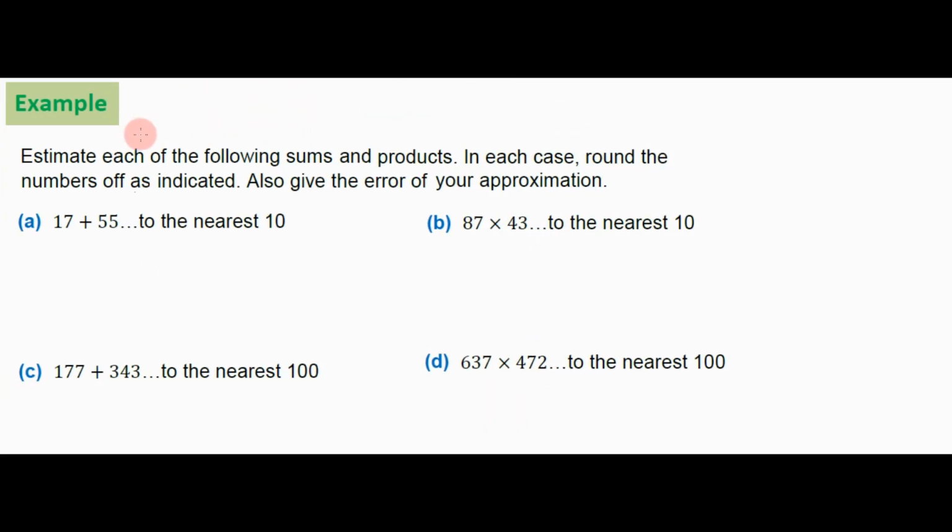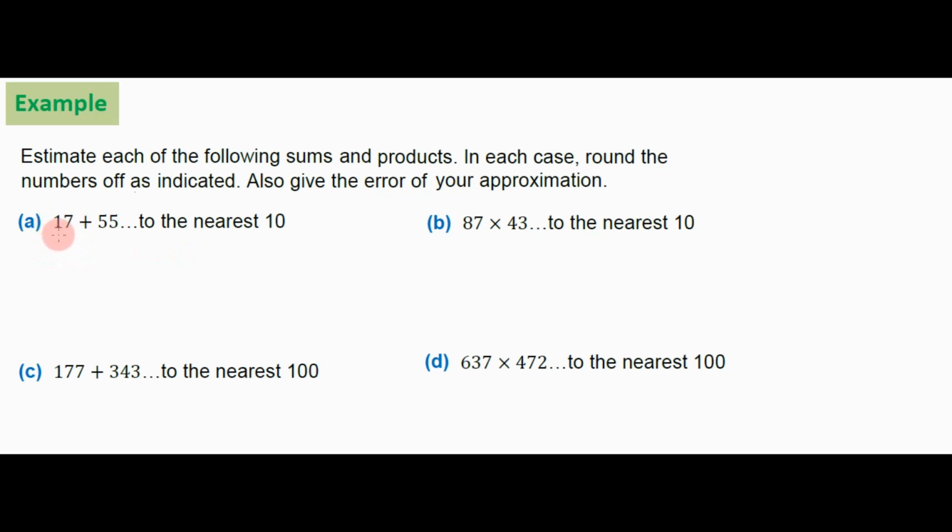In this example, it says, estimate each of the following sums and products. In each case, round the numbers off as indicated. Also give the error of your approximation. In A, we have to add 17 and 55, and we have to round off the numbers to the nearest 10.